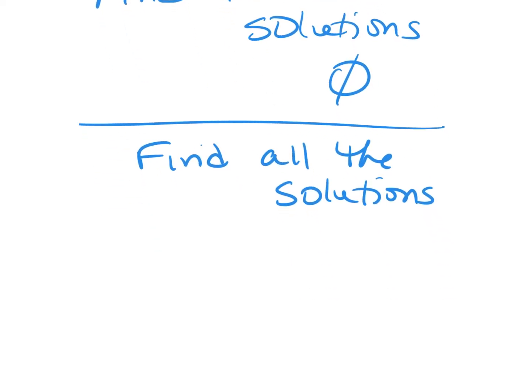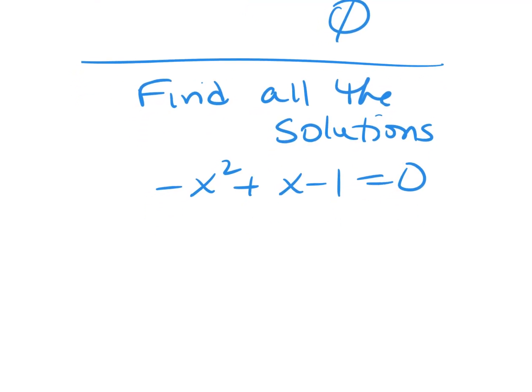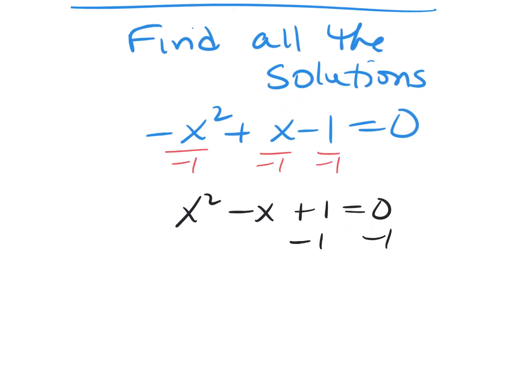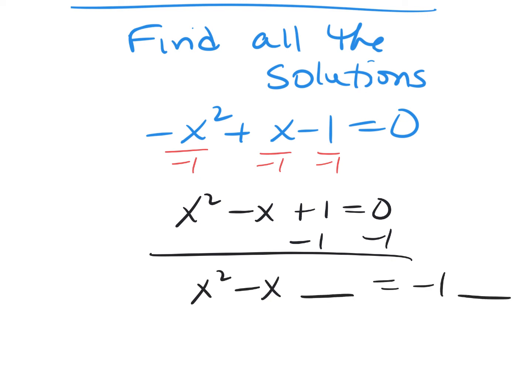So for example, if I give you negative x squared plus x minus 1 equals 0, divide everything by negative 1, and you get x squared minus x plus 1 equals 0. Move the 1: x squared minus x blank space, negative 1 blank space.